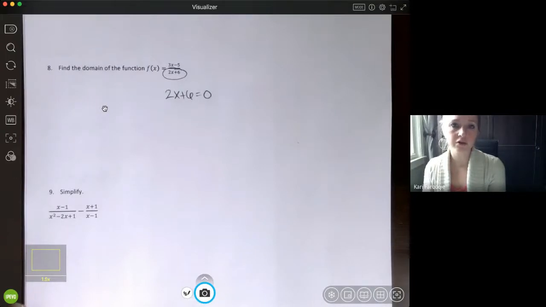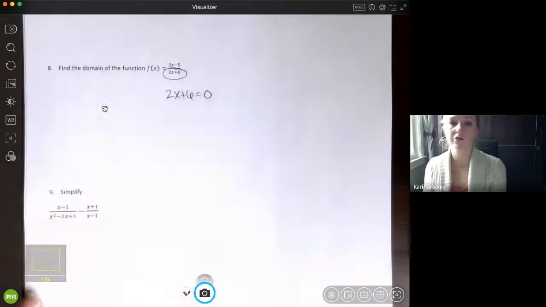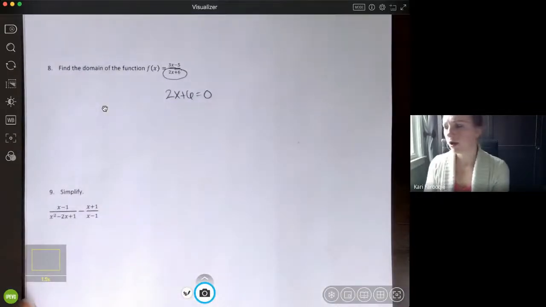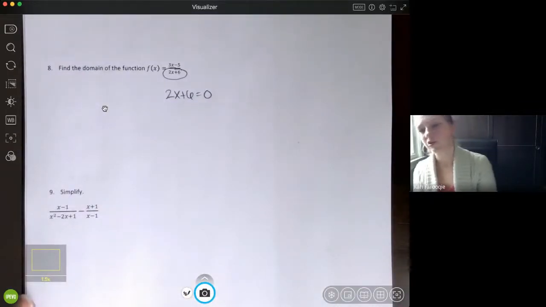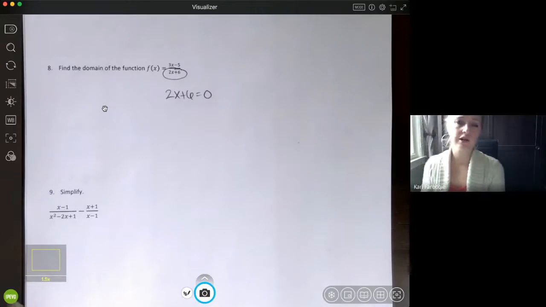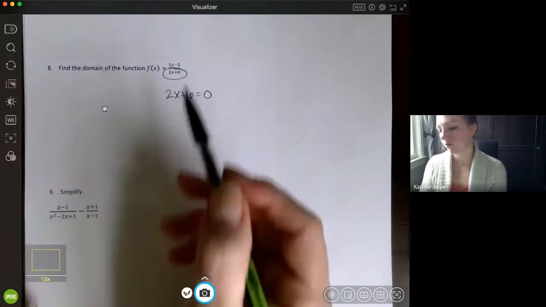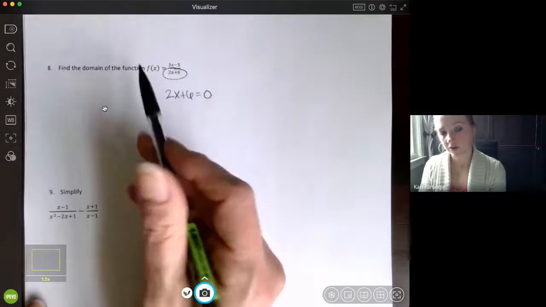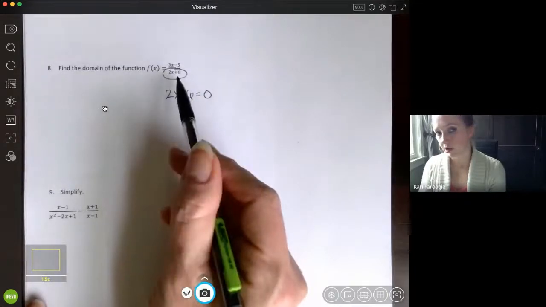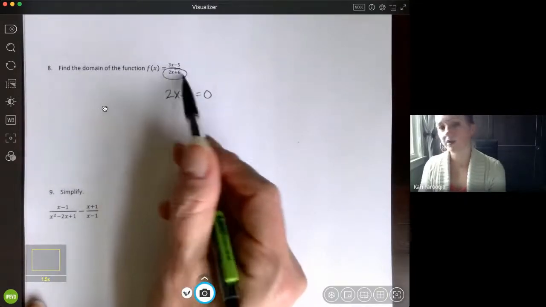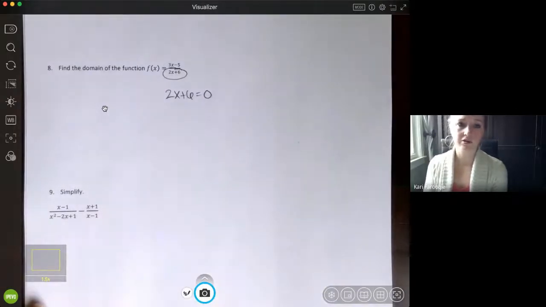So when you're looking for the domain of a function, you're just focusing on the denominator if it's a rational function. We talked a little bit about doing this for radical functions, and in that case, we were just looking at values such that the radicand was greater than or equal to 0. If you have a rational function, which means a polynomial in the numerator and denominator, just set the denominator equal to 0 and exclude any of those values.